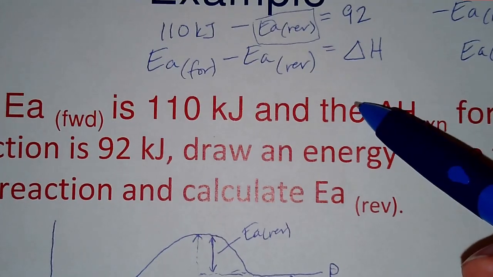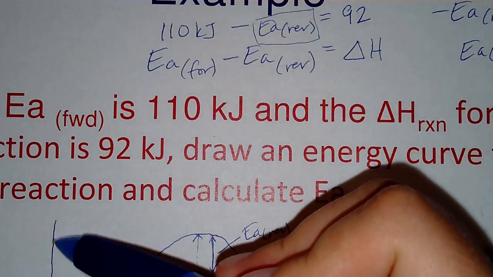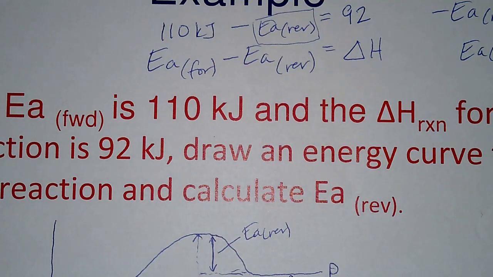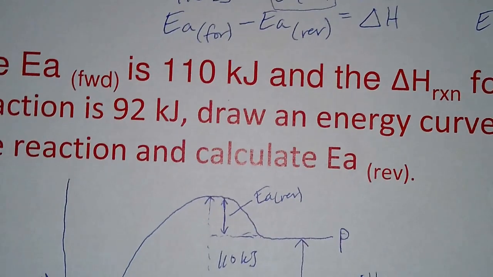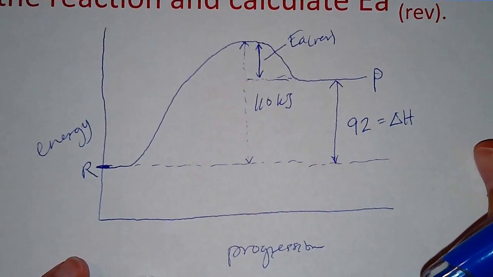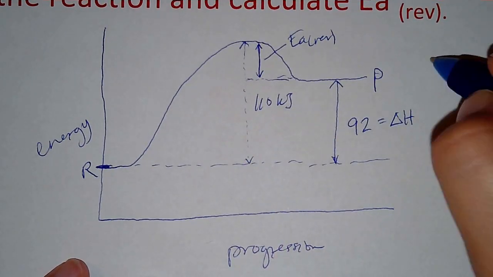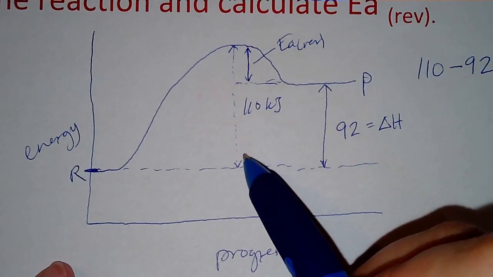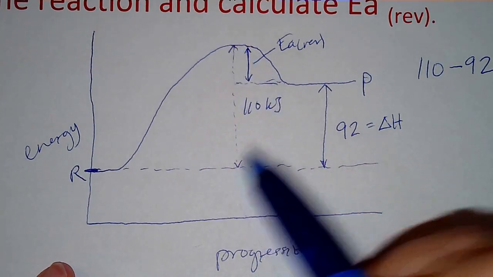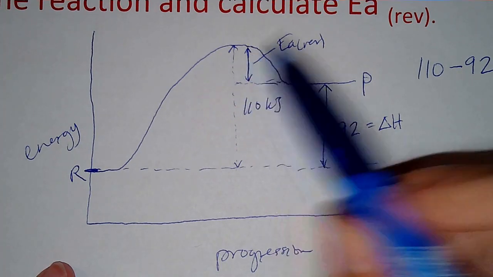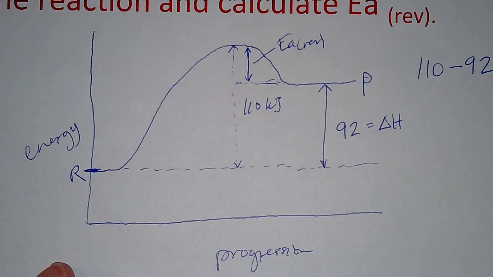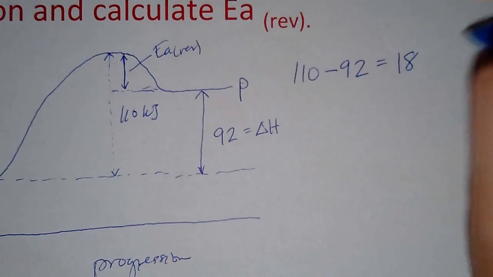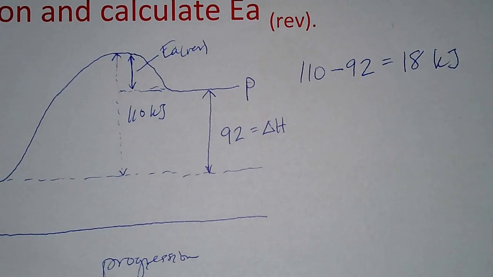Or if we had a scale that had numbers, we could calculate it that way. Either way, we can see that it's going to be 110 minus 92, because here's our 110 value, here's our 92, we need this part, which gives us a difference of 18 kilojoules for our activation energy of the reverse.